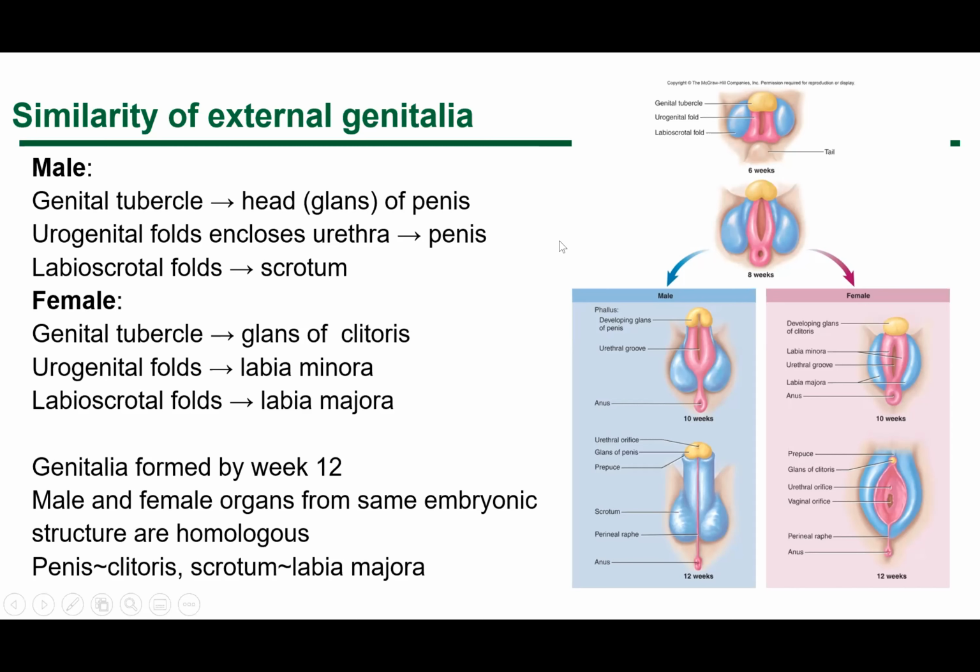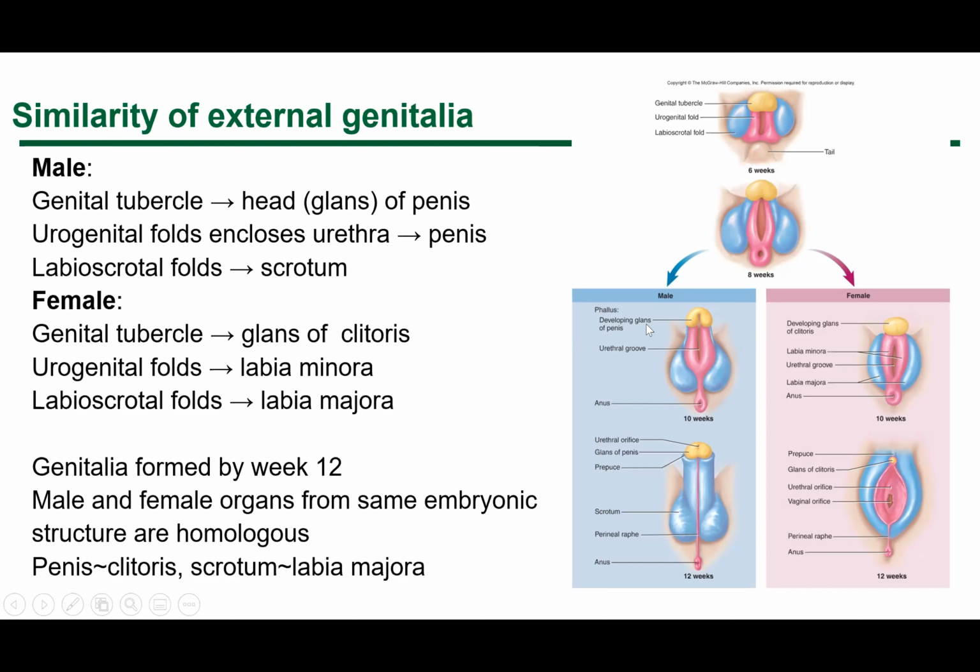So before either of us had a clitoris or a vulva or a penis and a scrotum, all of us had a fun thing called a genital tubercle. And this is just basically a protoglans. So this is the thing that becomes heavily innervated and is involved in the enjoyable sensations of sexual intercourse. We also had a urogenital fold and a labioscrotal fold, which differentiate as follows.